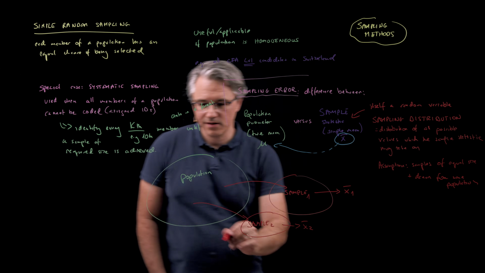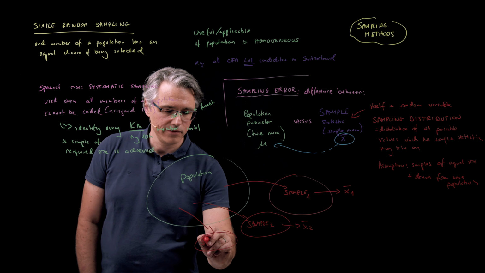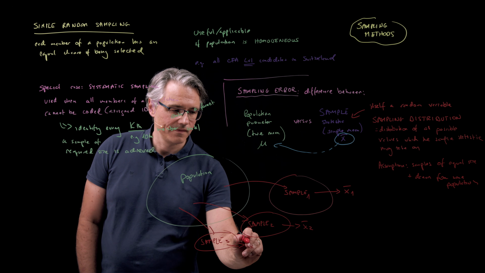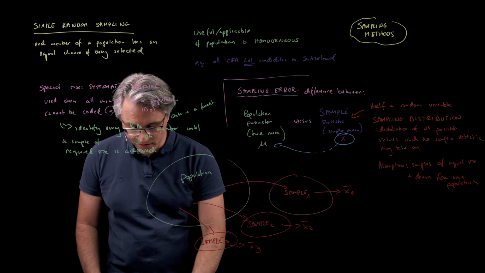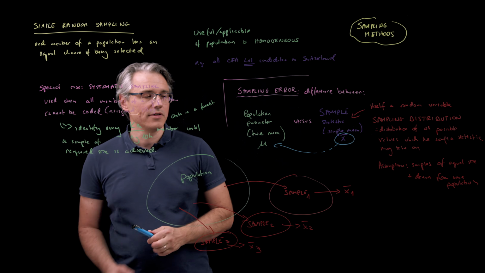If you sampled multiple times, always drawing a sample of the same size, you would get many candidates for X bar to be used as an estimate for your population mean.